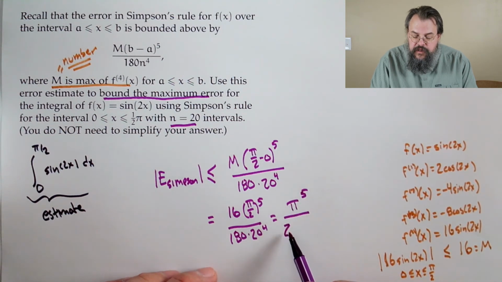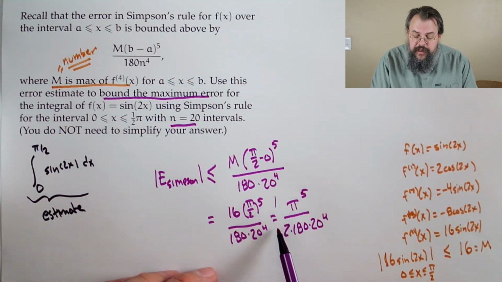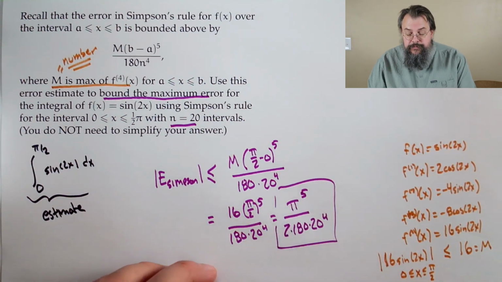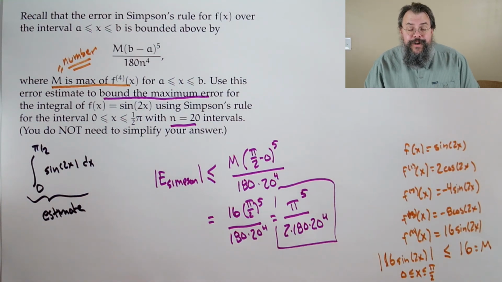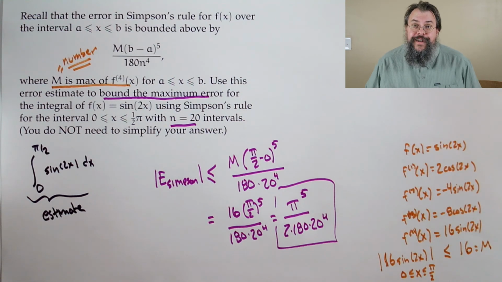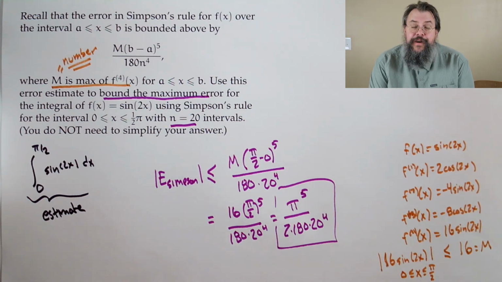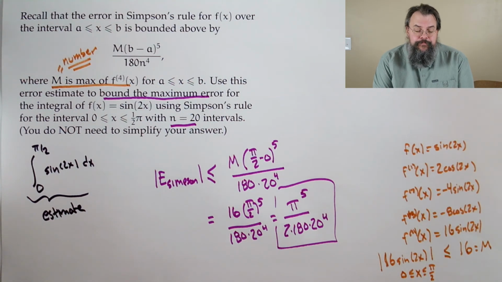Then you have 2 times 180 times 20 to the 4th power. That's a reasonably small quantity, which means it's a really good estimate. We have a really good grasp of what that number should be.